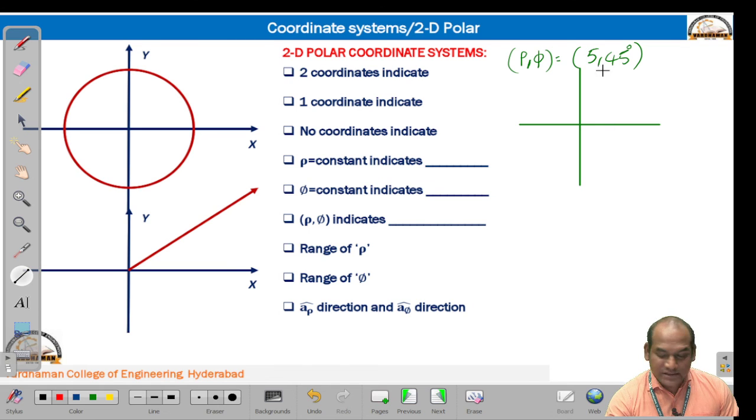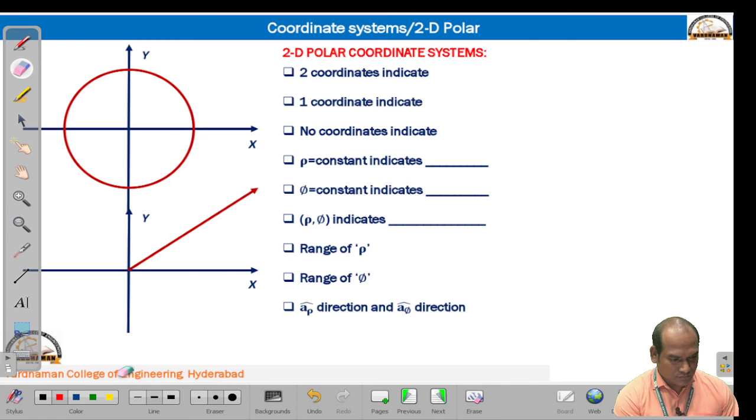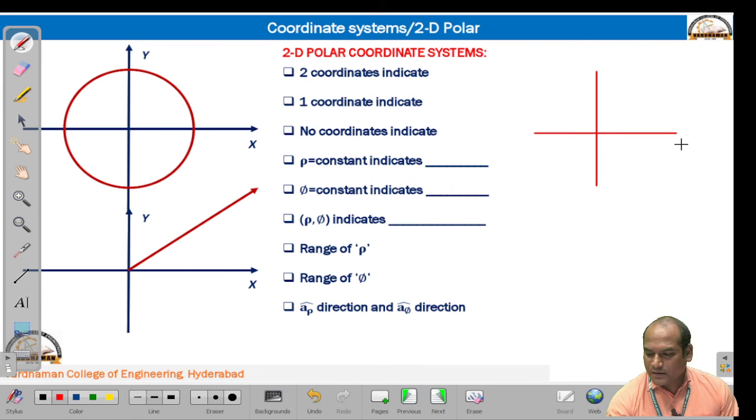I need to draw the x axis and y axis. This is the x axis and this is the y axis. Rho and phi I am taking as pi and 45 degrees.